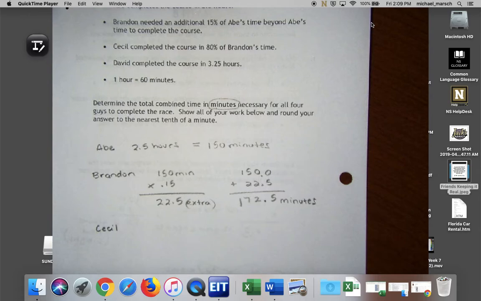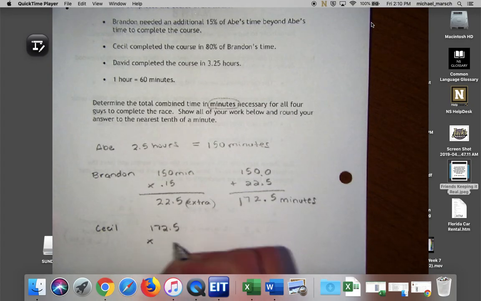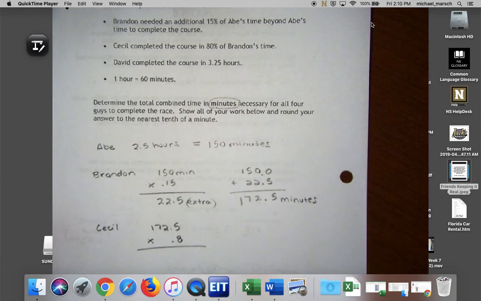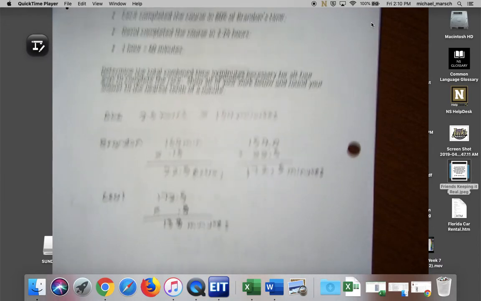That's his time, because we're just finding 80% of 172.5, times 0.8. So Cecil had 138 minutes.